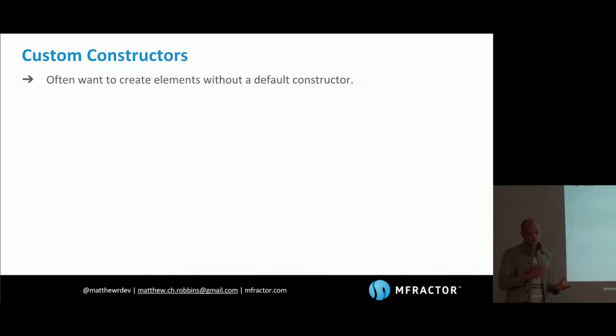So often when we're using a custom control, a lot of them will come without a default constructor. So Xamarin.Forms by itself, they always have a parameterless constructor so that they can inflate their elements. Which is a problem because most Android views, probably all, they will require a reference to an Android context.